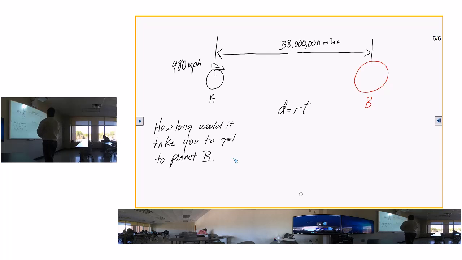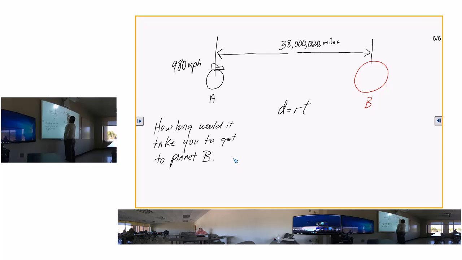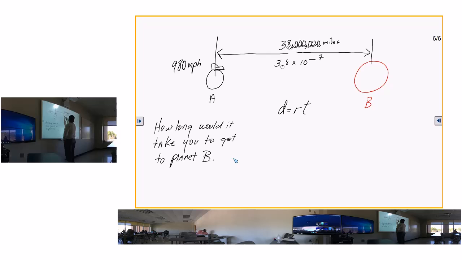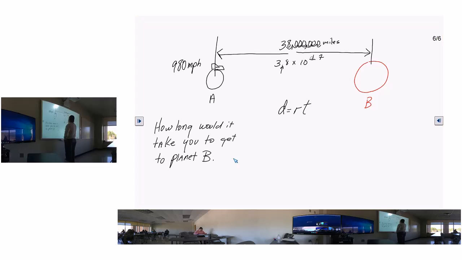All right, first thing I'm going to do is I'm going to change this into scientific notation. 1, 2, 3, 4, 5, 6, 7. 3.8 times 10 to the blank 7th power. Which way did I move this in my head to get it back the way it was? To the right. Thank you.